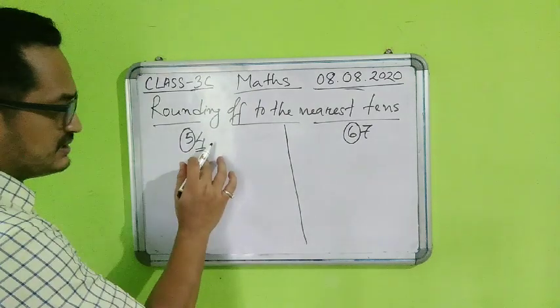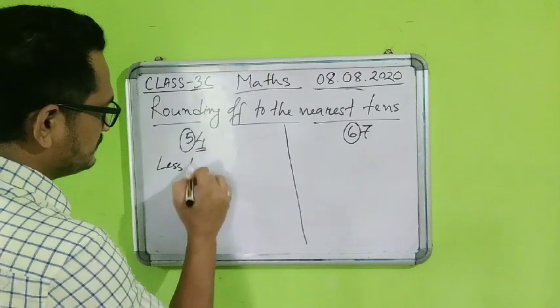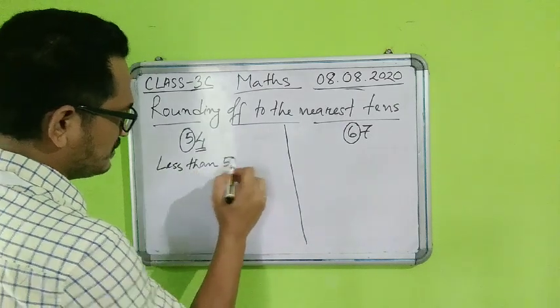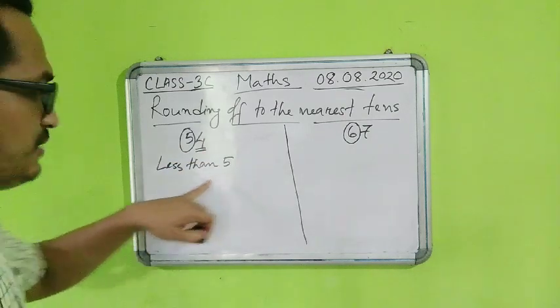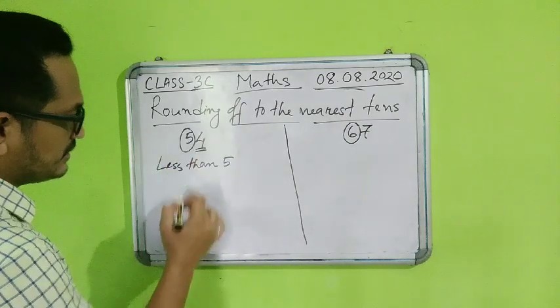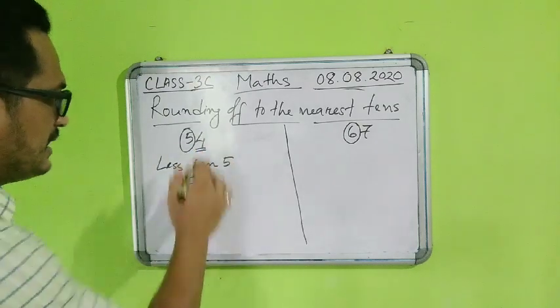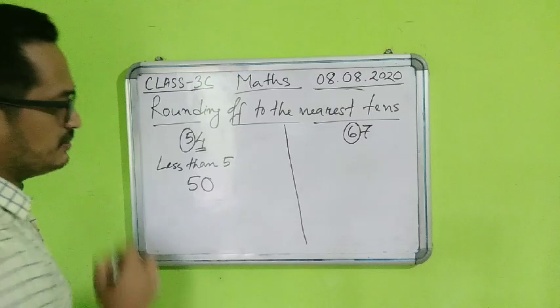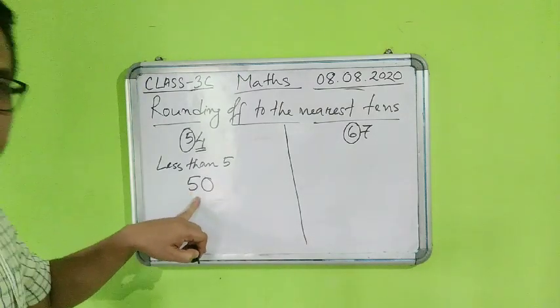Now if the ones place digit is less than 5, then what will you do? You will do nothing. The rounding place, that is the tens place, will be as it is, and the ones place number will become 0. So when we round it off, it will become 50.